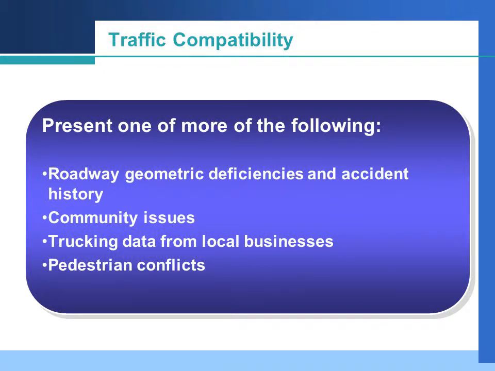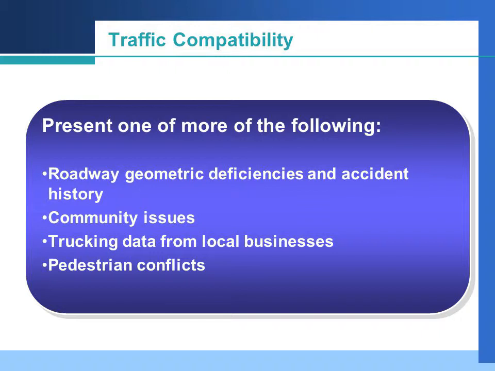Traffic compatibility involves conflicts that arise due to traffic. For example, an action is needed to accommodate increased pedestrian traffic at a school, a recently constructed walkable neighborhood, etc. Or there has been an increase in truck traffic requiring the need for dedicated turn lanes or an improved intersection.